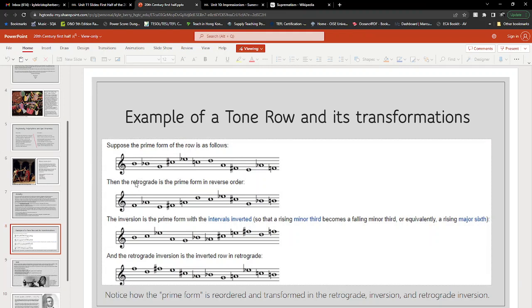So I could do something called retrograde, which is to take this prime form, this B, B flat, G, C sharp, E flat figure I have going here, and instead I reverse the order of all of these. So I can see in the second example, the retrograde, instead of it starting off with the B, B flat, G, C sharp, it actually ends, the last note is B, whereas the first note is B here.